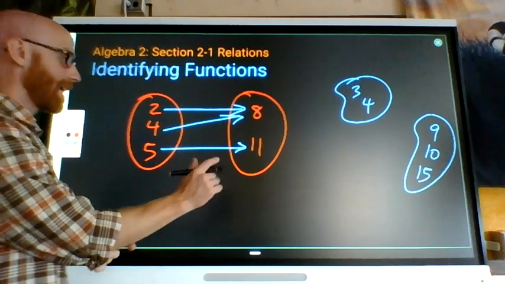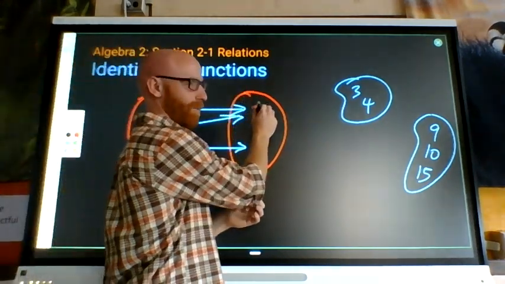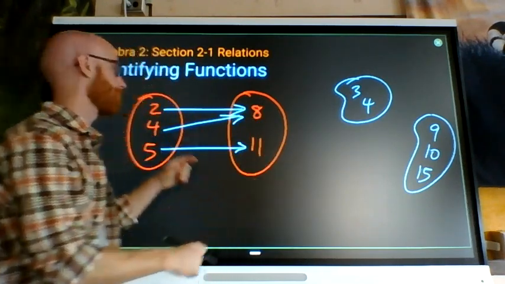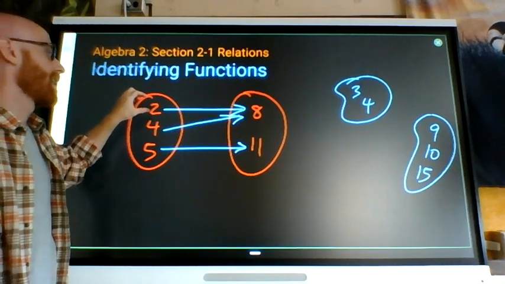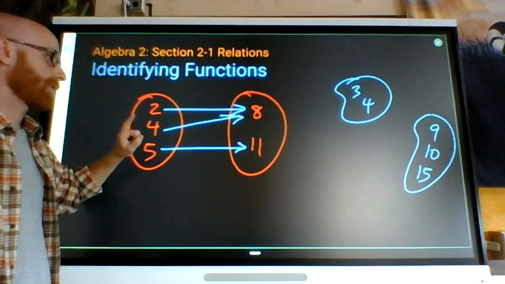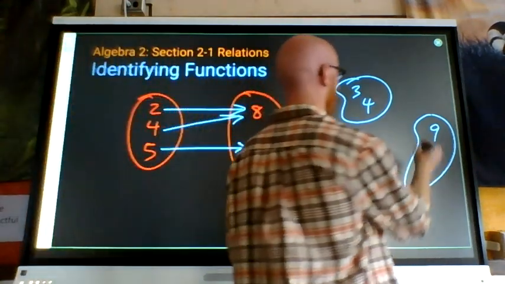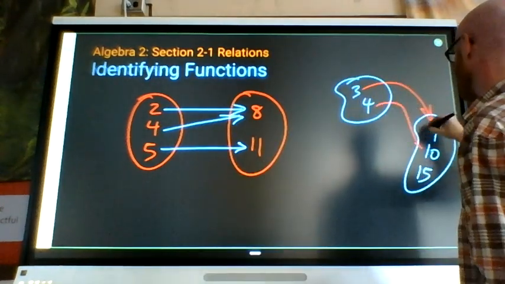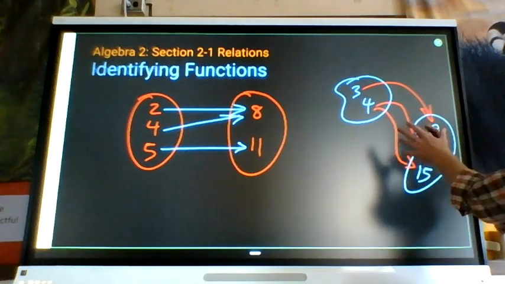Notice it does not matter that one of the outputs has 2 inputs. It only matters how many outputs each input has. Each input is only allowed to have one output. Okay, the reverse of that would be dysfunctional. If we had 3 goes to 9, 4 goes to 10, and 4 goes to 15, this would not be a function.